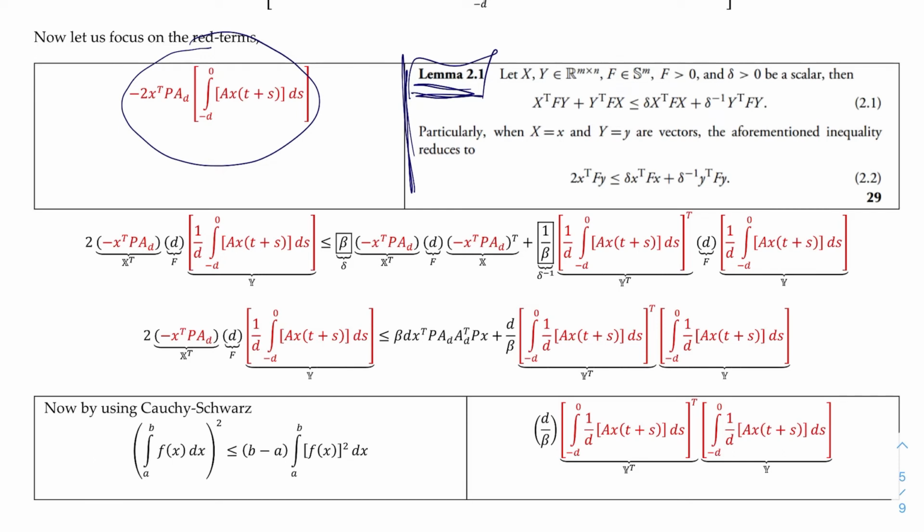Maybe you can check the PDF on another screen and follow along. So we just wrote each term, and beta is the delta here, and we just carried that d over to that location.